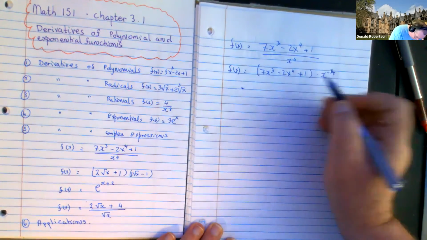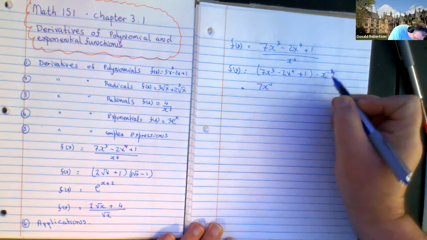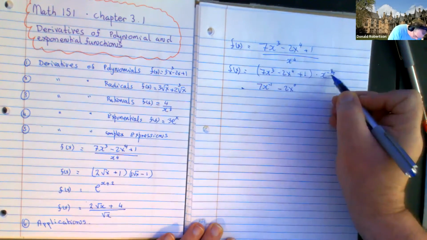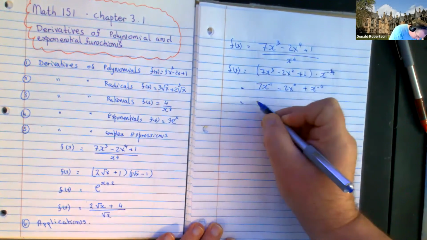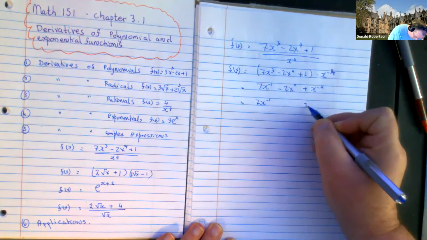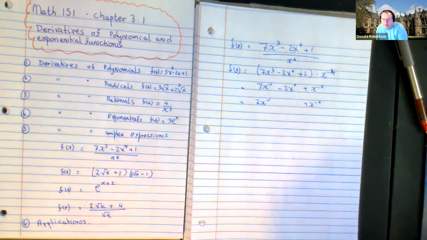Well, this guy times this guy gets you 7x to negative 1. This guy times this guy gets you negative 2x to 0. And this guy times this guy gets you x to negative 4. I'm going to leave that one alone, and that one alone. But this guy in the middle could be written in a better way.